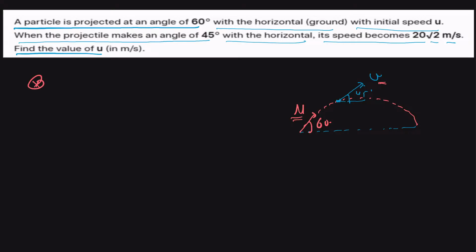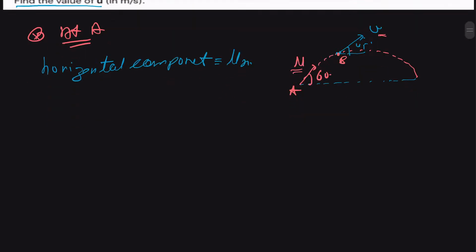Let us call this point A and this point B. So at A we can write the horizontal component, let us call this u of x. So u of x will be equal to u cos of 60.